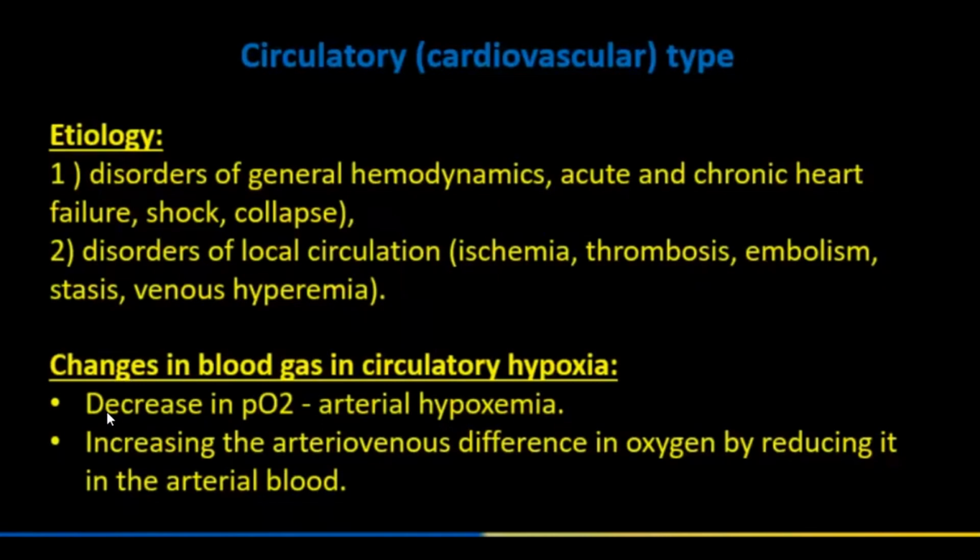Changes in blood gas in circulatory hypoxia: decreased arterial oxygen pressure, arterial hypoxemia, and an increase in the arteriovenous difference in oxygen by reducing its content in arterial blood.